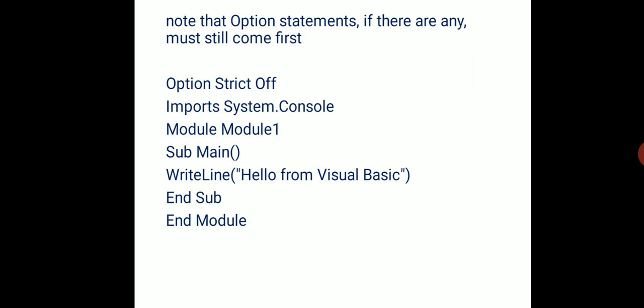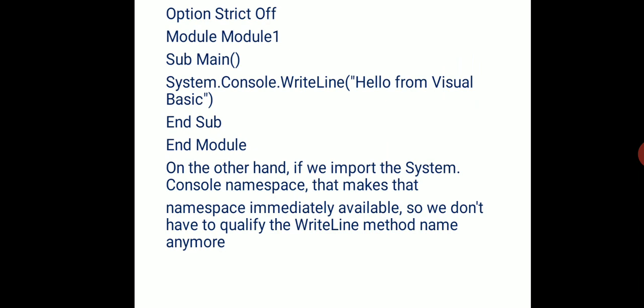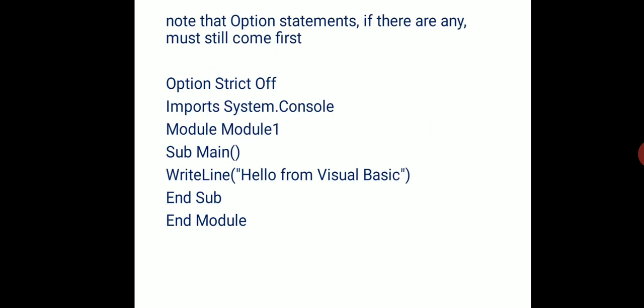You are importing the namespace, that is console, and here you can directly write WriteLine hello from Visual Basic because the namespace is already imported. Without an import statement, you will have to write System.Console.WriteLine for printing the string, but here you have imported System.Console, and there is no need to write it again while printing the string.